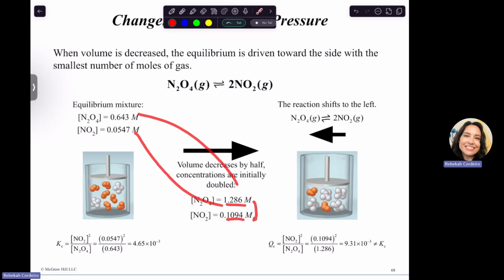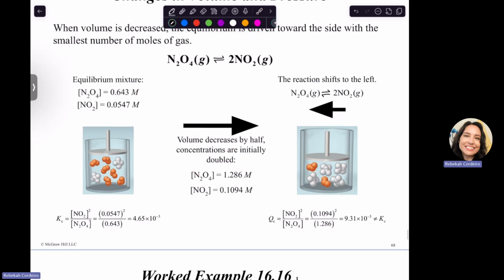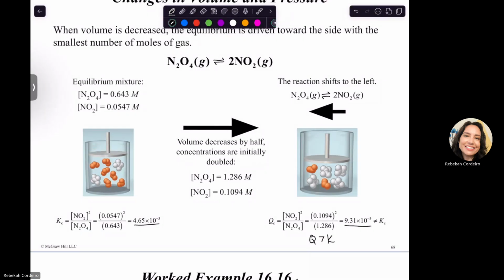And if we plug these new numbers in, we find we're not at equilibrium anymore. If our K is 4.65 times 10 to the negative 3, Q is 9.31 times 10 to the negative 3. Now we have Q greater than K, and we know Q greater than K means a shift to the left.